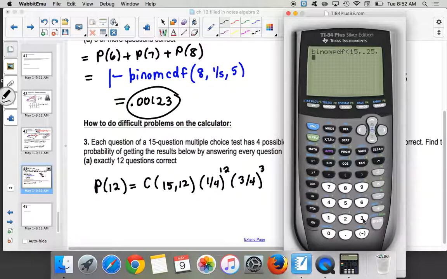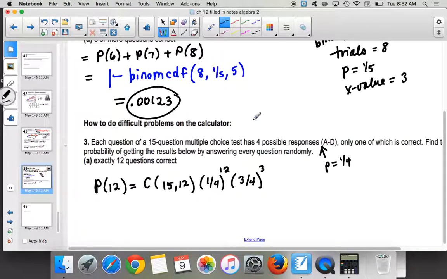And we want to get how many correct? 12. It's very, very tiny. It's scientific notation. So it's 1.144 times 10 to the negative 5th, which makes sense, the probability of getting exactly 12 right on the multiple choice. That's kind of weird, right?